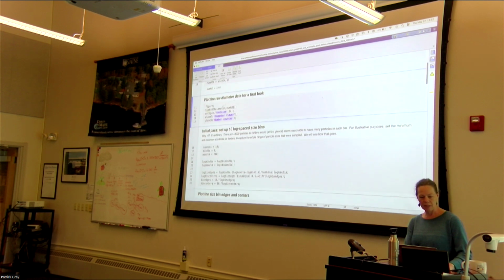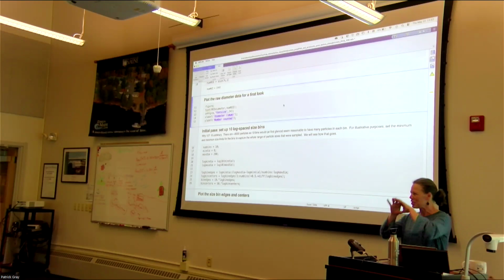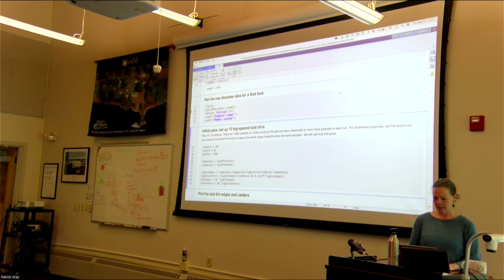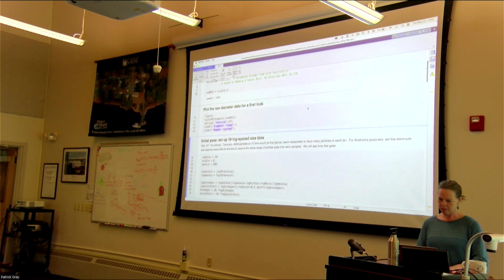The first thing I'm going to do is always make a plot and look at them. I'm going to make a histogram, but using a number of bins equal to the number of particles, so that it makes 1 bar per particle, just so I can see the data. And that's going to generate a figure. It should have generated a figure. Why did you not generate a figure?